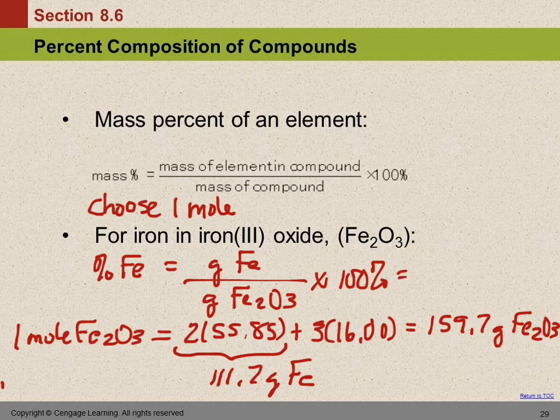So this equals 111.7 grams divided by 159.7 grams times 100 equals 69.94.